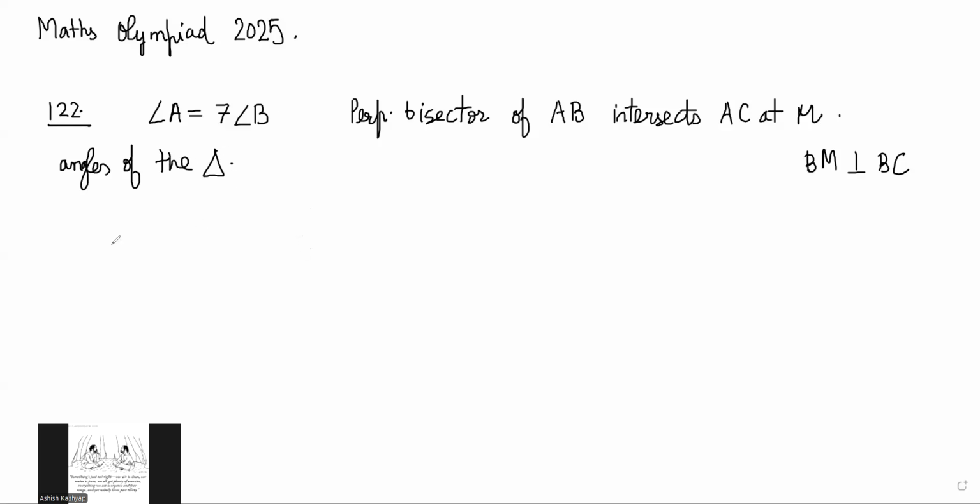Fine. So let's take angle B as a small angle. Let's say x. So you have angle A is equal to 7x, right? We know that angle B is smaller than angle A, and therefore obviously that x value has to be between 0 and 90.